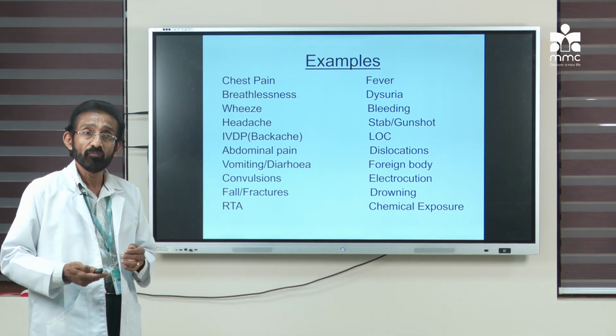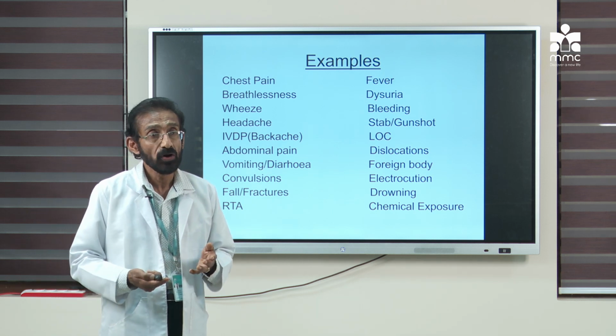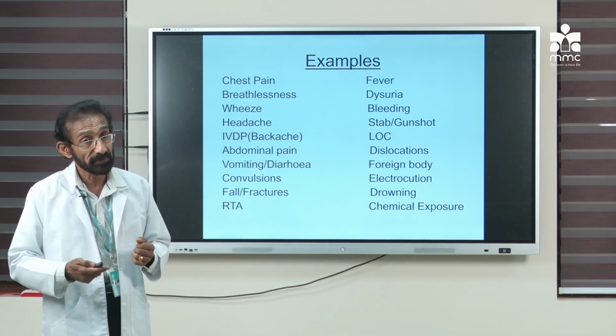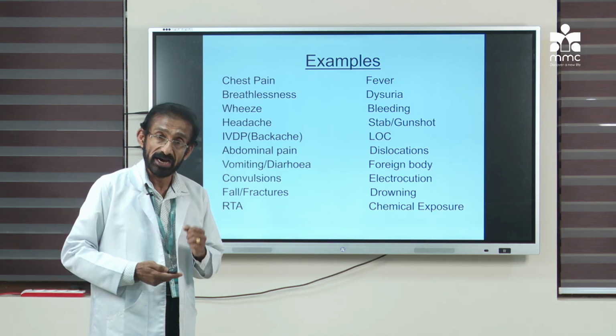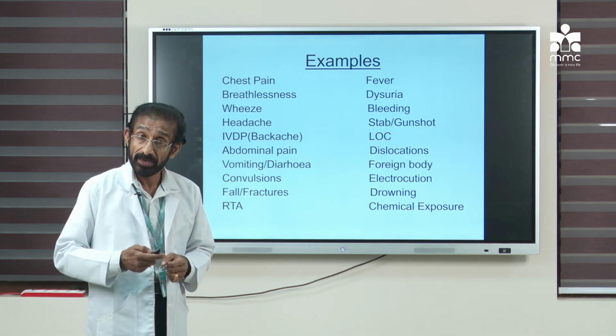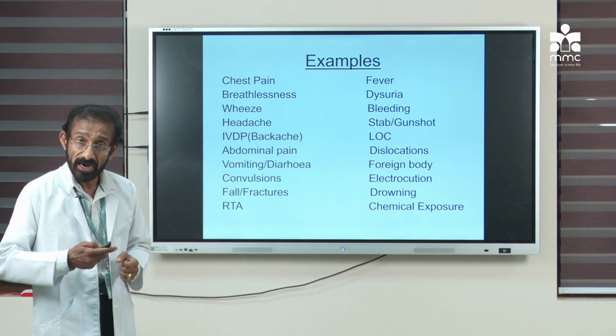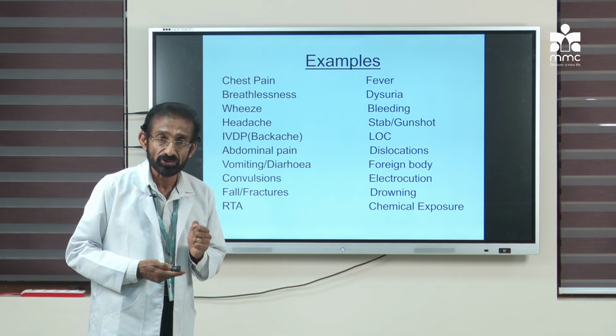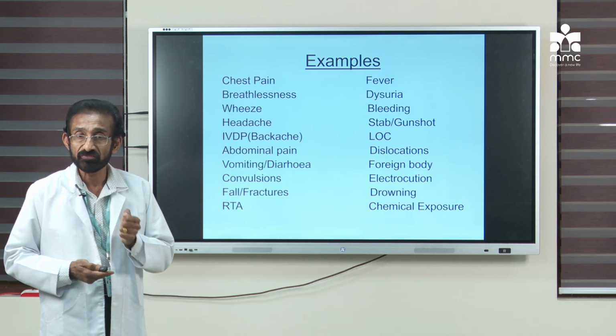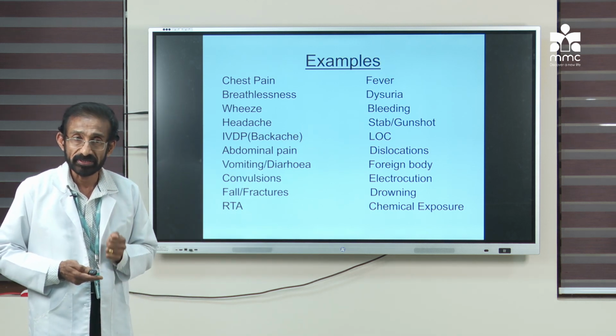Convulsions. When we hear of convulsions, we will think of epilepsy and things like that. But remember, febrile convulsions, dyselectrolytemia causing convulsions, hypoglycemia causing convulsions, hypercarbia causing convulsions, hypoxia causing convulsions are also to be added in the list of causative factors of generalized tonic-clonic seizures.